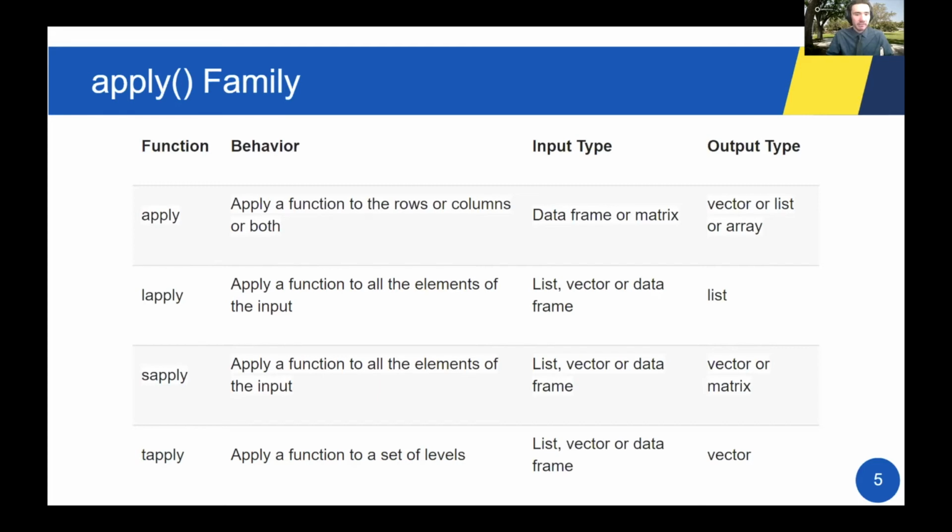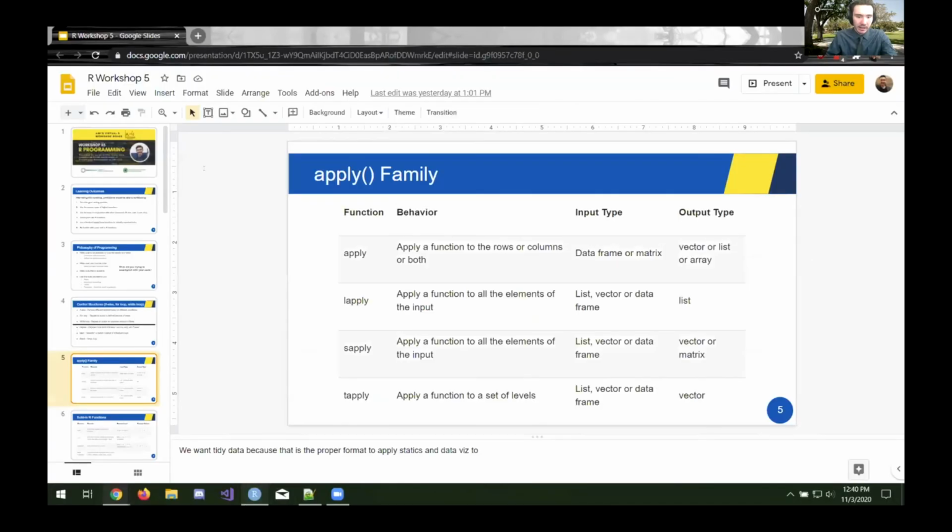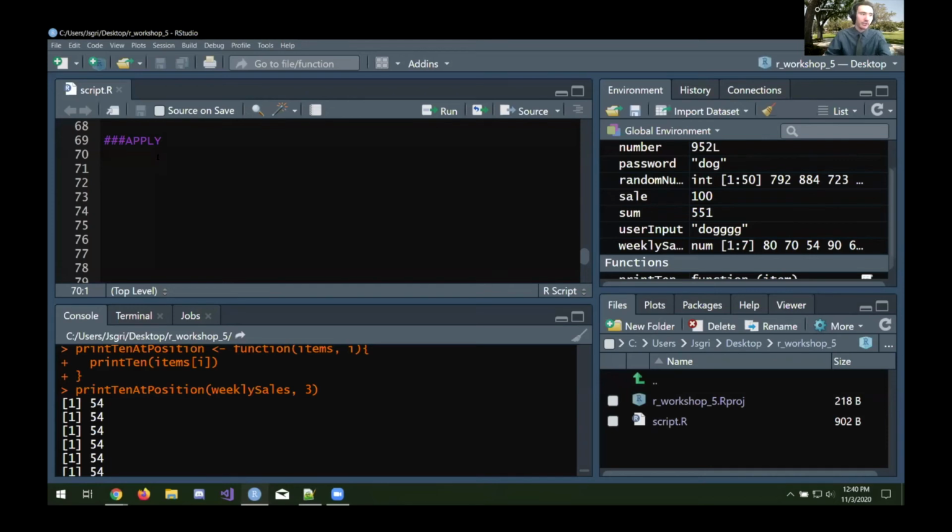Generally, the apply family will apply a function that we specify to the data that you give it. So let's jump back to RStudio and demonstrate these in a real world scenario.